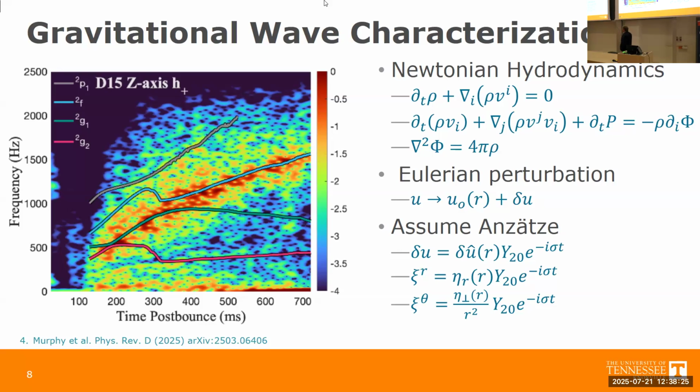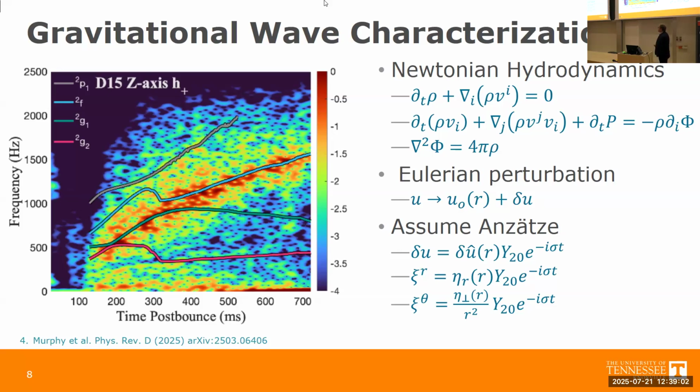And particularly for Chimera, it's been demonstrated that if you have a pseudo-Newtonian code, if that's how it treats gravity, you need to work in a framework that is compatible with that pseudo-Newtonian code. So we perturb the Newtonian hydrodynamic equations. The equations we saw earlier were for a relativistic spacetime. And if you have a relativistic treatment of gravity, that's what you want to do. But for us, this is the correct approach. Otherwise, you can have differences on the order of tens of percent for the frequencies that you calculate.